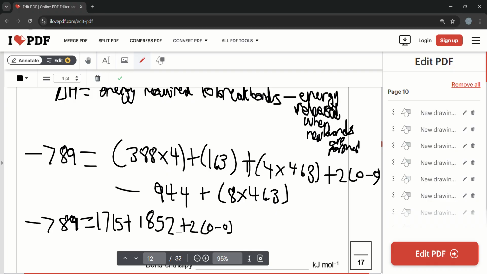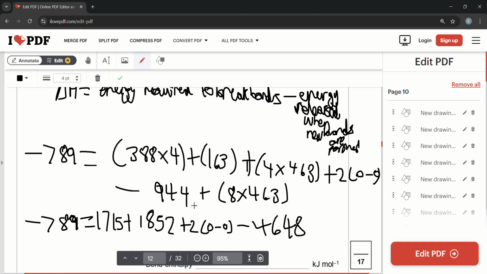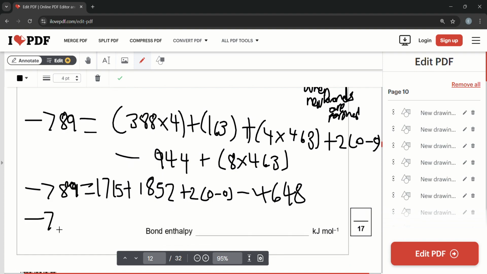We can say 2x, x is what we want to say, minus, well, 8 times 463 is 3704. Plus 944, 4648. So minus 4648. What we've done is collected terms, and now we can say minus 789 is equal to 1715 plus 1852, 3567, minus 4648.